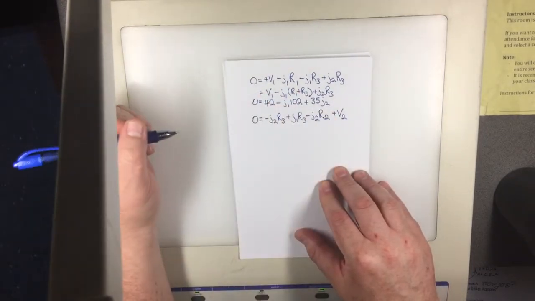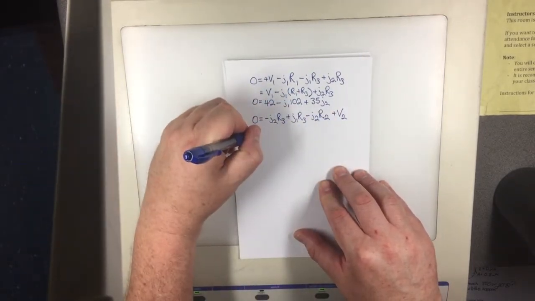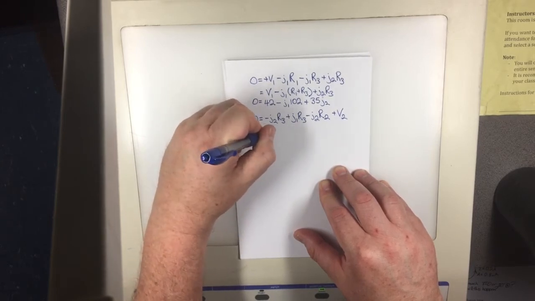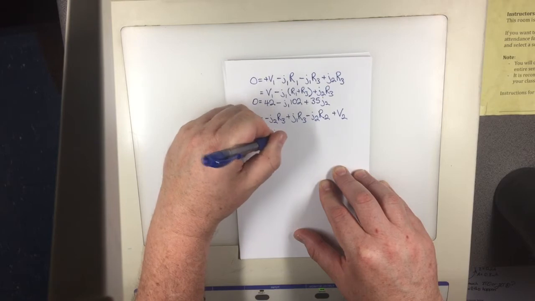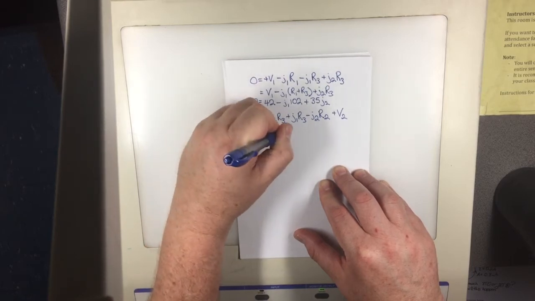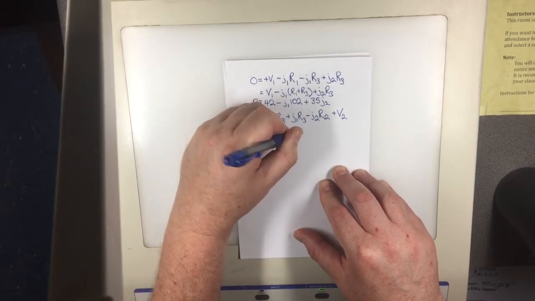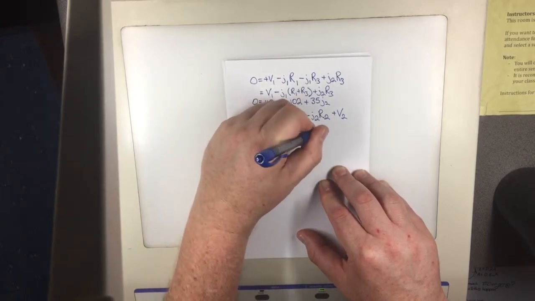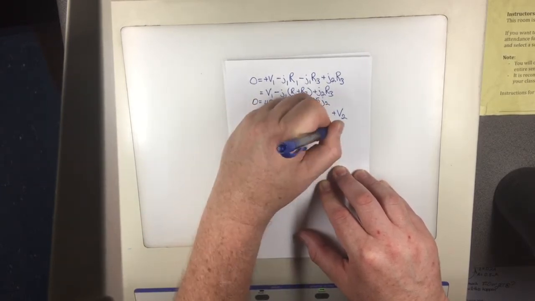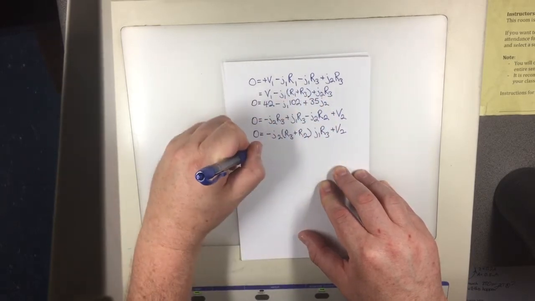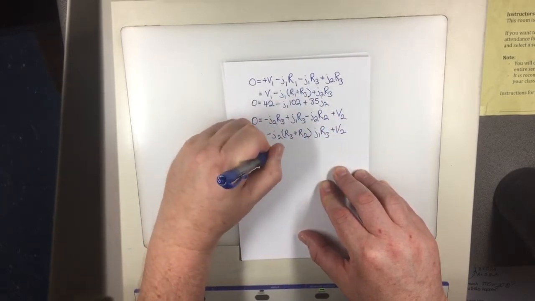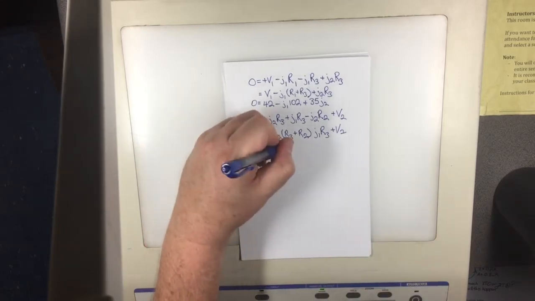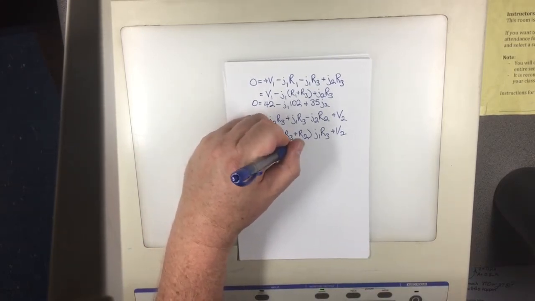Now for this, factor out the J's. In this case, it will be minus J2, R3 plus R2, J1 R3 plus V2. Plug in the numbers, minus J2. R3 plus R2 is 135.